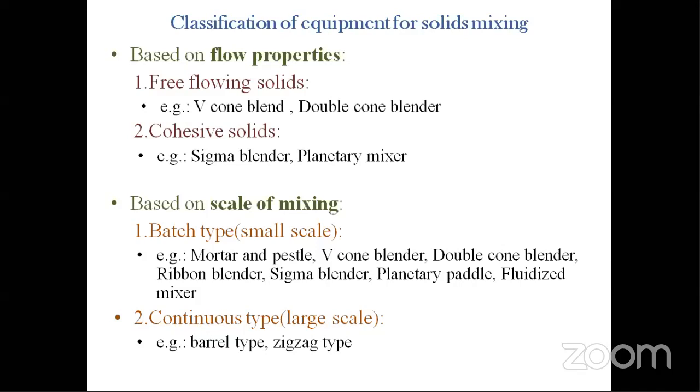For free flowing solids, two blenders are recommended. First one is the V-cone blender and another is the double cone blender. The V-cone blender and double cone blender, which are used in case of free flowing powder, do not contain any type of blade, paddle or mixing baffles. Okay, it is blank. It is only a blender without any type of blade, paddle or baffles.